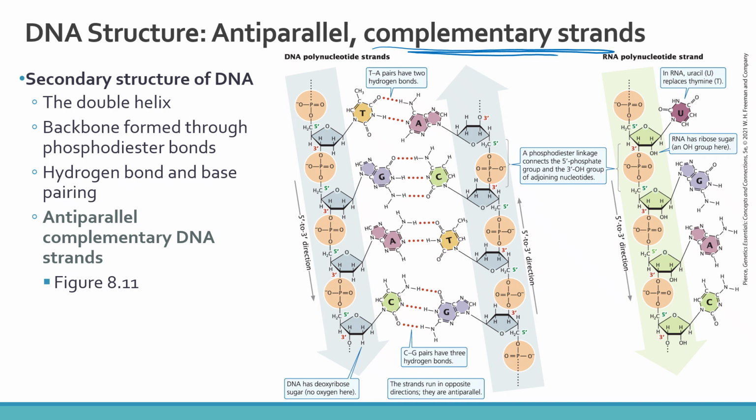So our overall structure is that we have linked individual monomers. So we've got our phosphate, sugar, and nitrogenous base, and they are linked from sugar to phosphate all the way down. So we've got sugar to phosphate, phosphate to sugar, sugar to phosphate all the way down.